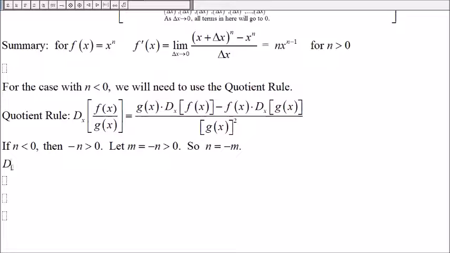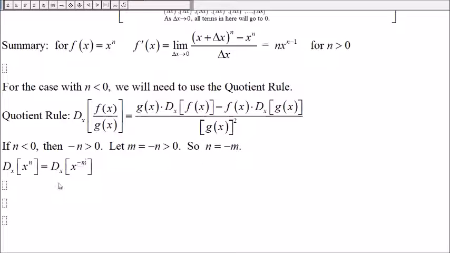And now we want the derivative of x to the n. This is the same as the derivative of y with respect to x of x to the negative m, because that's what n is.